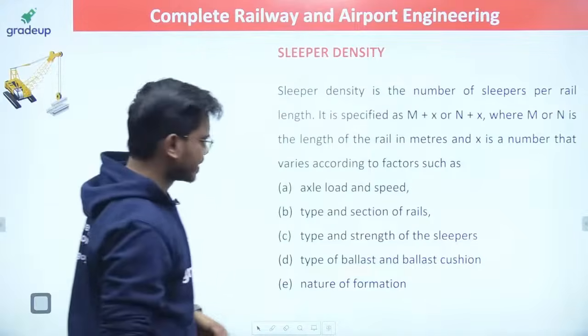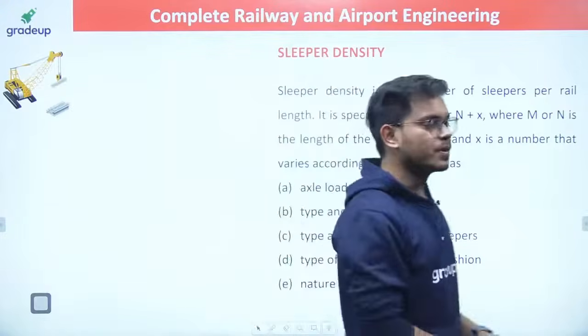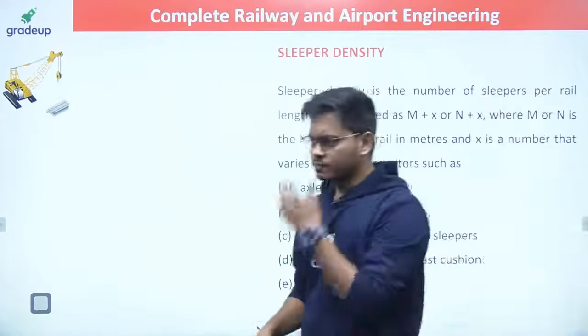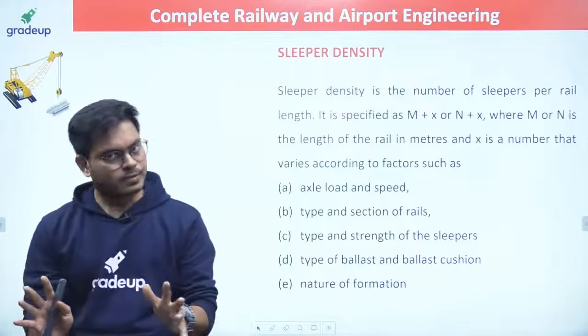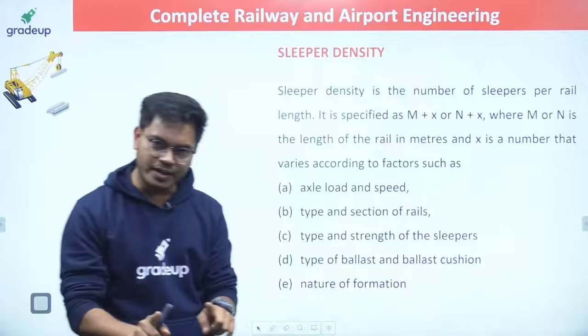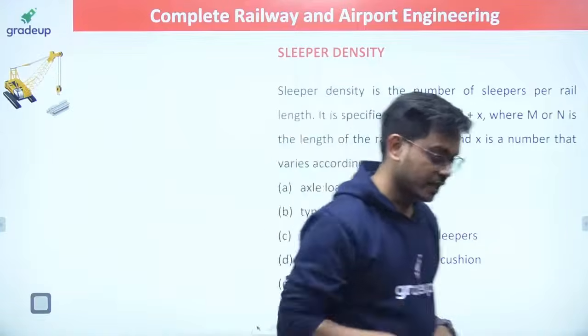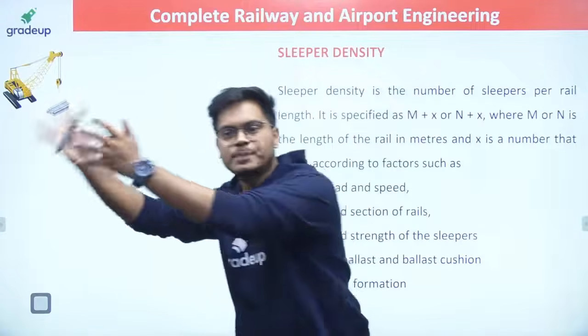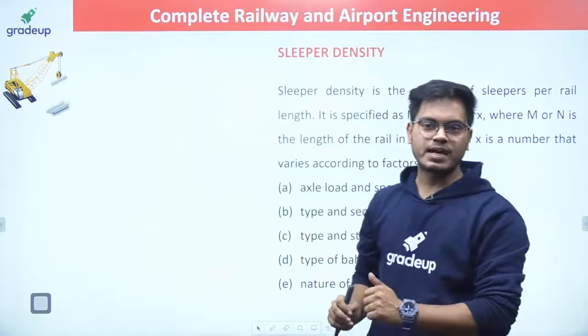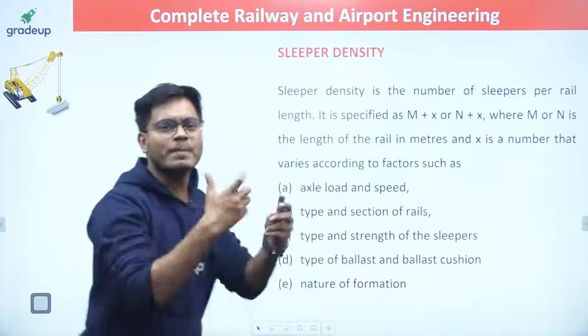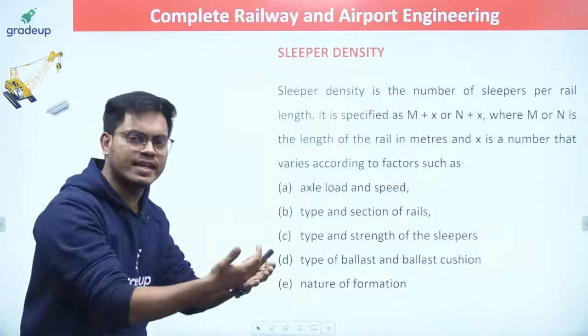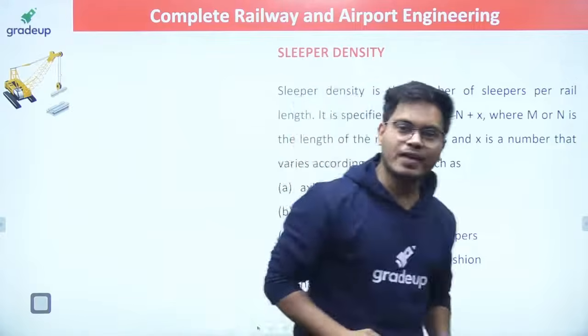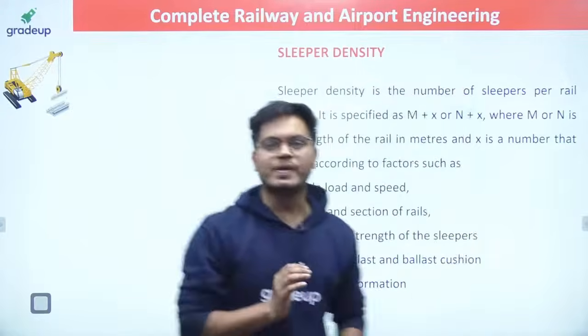Now the sleeper density. What actually is sleeper density, right? Very simple concept again. So the density of sleeper, what does that mean, guys? Basically, how many sleepers I will be needing? This is your sleeper density.